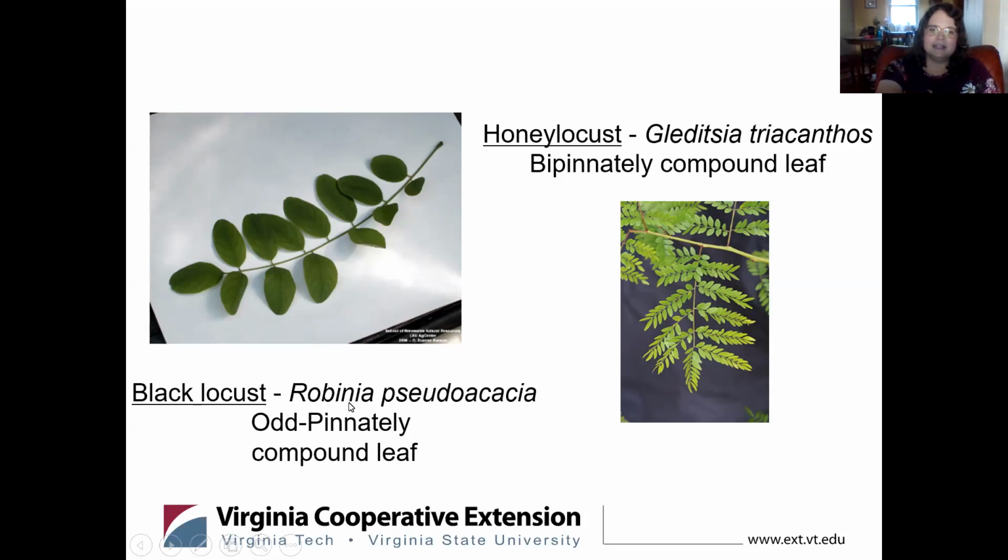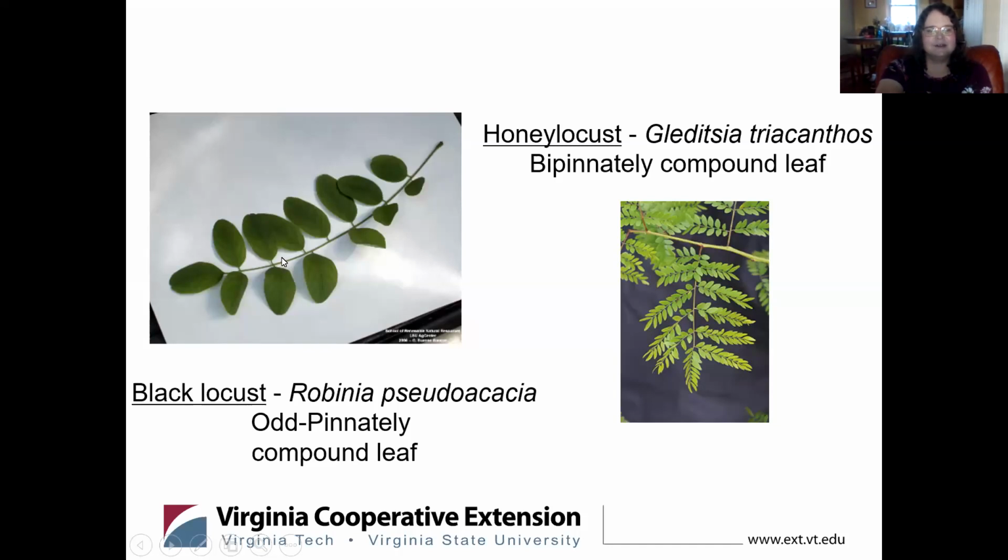Black locusts are native to the eastern United States. One leaflet fell off, if you're counting the leaflets. There's supposed to be a leaflet right here that fell off. But with black locusts, you can see in our example here, it only has the petiole right here where the first leaflet attaches.